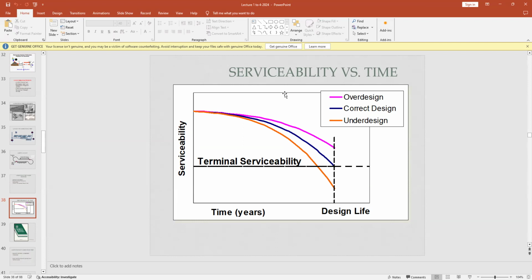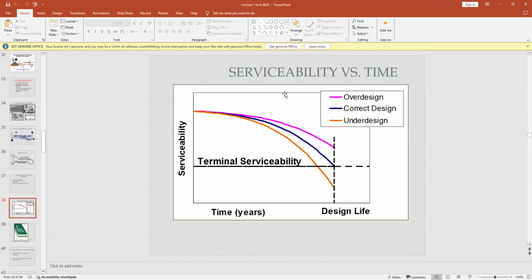So you can see the three curves here. One is over design. It means that even after going through its design life, the pavement is still in good condition. It has not failed, or in other words, it has not reached terminal serviceability.